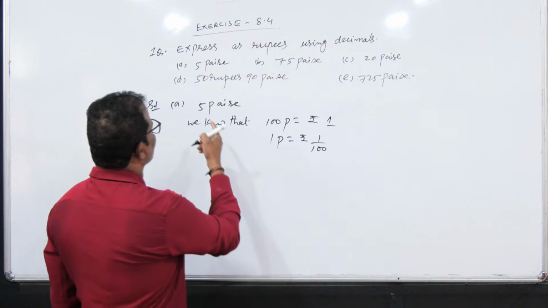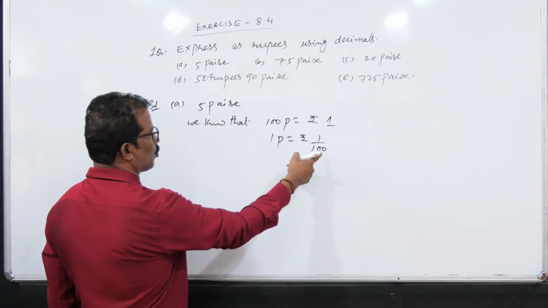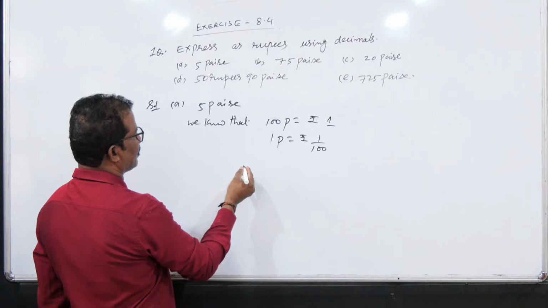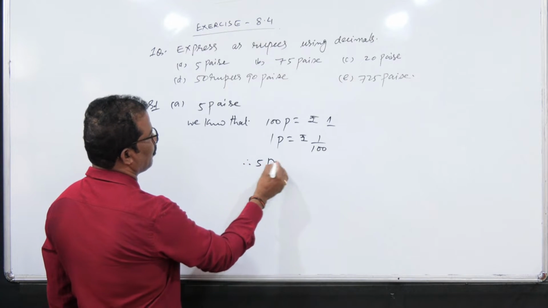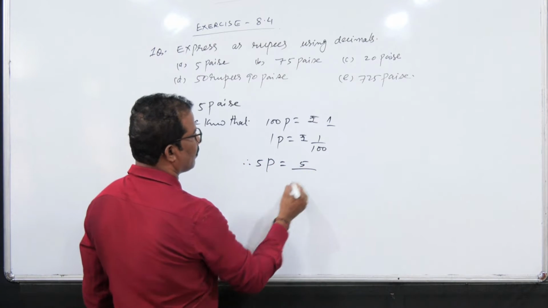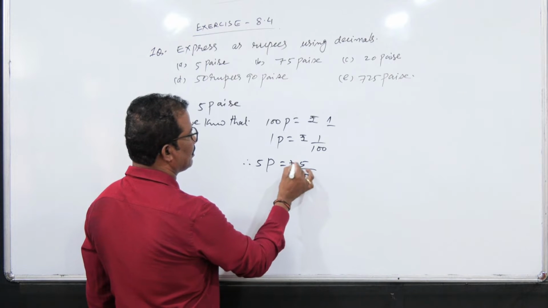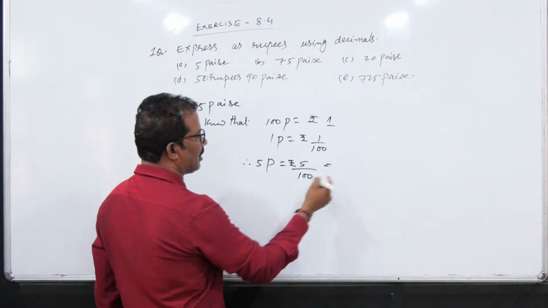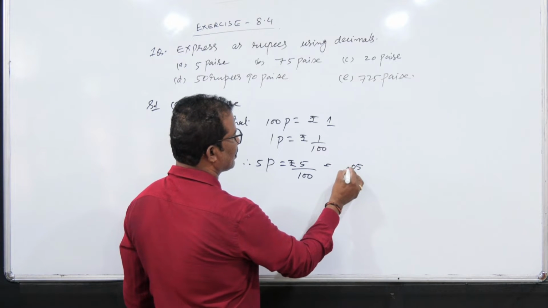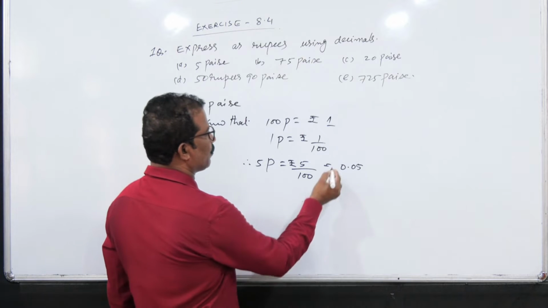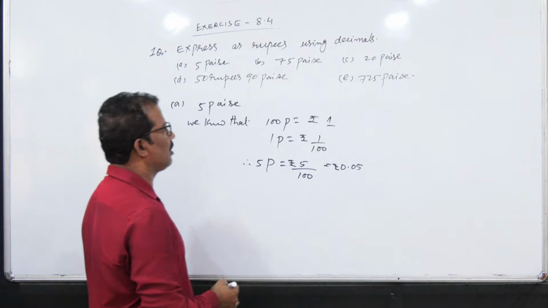That means to convert paise into rupees, we have to divide by 100. Therefore, 5 paise is equal to 5 by 100 rupees. So if we divide 5 by 100, we get 0.05 rupees. Understand all of you?